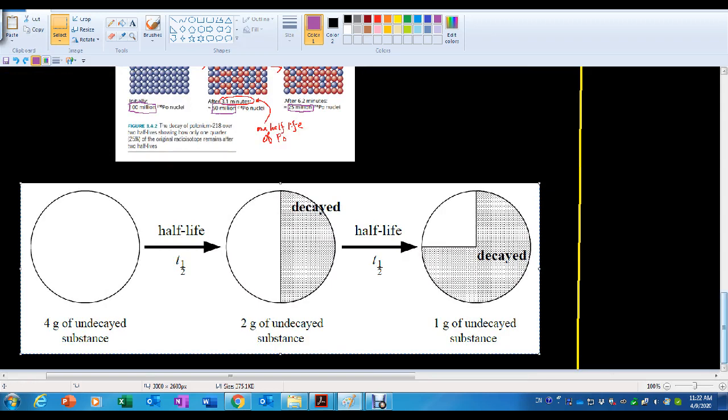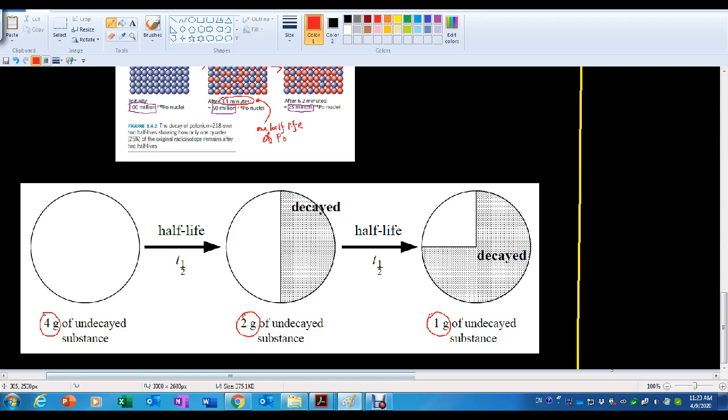For this illustration, it gives you the same idea, but this time I use mass instead of total number. But they are the same, are they not? Because if the number of undecayed nuclides becomes less, that means the mass of undecayed nuclides will decrease proportionally, right?